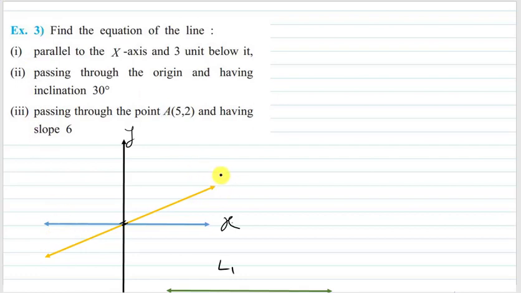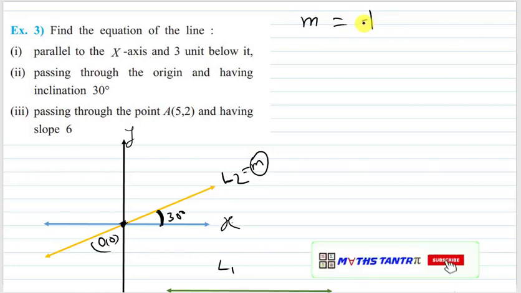So let's suppose this is line 2, which is passing through origin, that is 0, 0, and making an angle with x-axis of 30 degree, right? Now if the inclination is there, we can easily find out line 2's slope, right? The slope of line 2 will be tan of the inclination, that is tan 30.